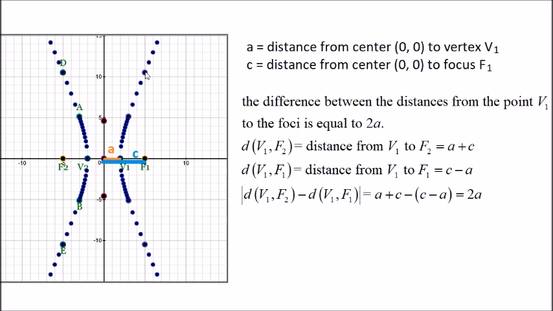The distance from this point to F1, and then the distance from the same point to F2. The difference will be 2a. So for any point on the hyperbola, the difference between the two distances will be 2a.